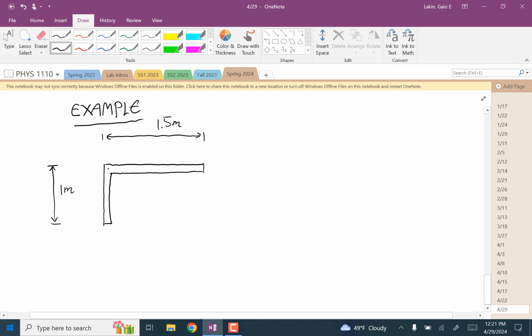And let's say the fixed point is right here. Okay. It's called a fixed point because the velocity of that point is 0. If this thing's rotating, if my finger is the fixed point, that point isn't moving at all. Every other point is moving in a circle around that fixed point. Okay.